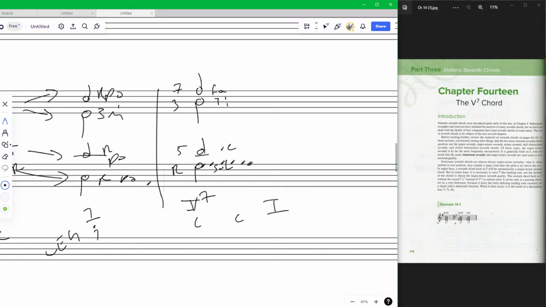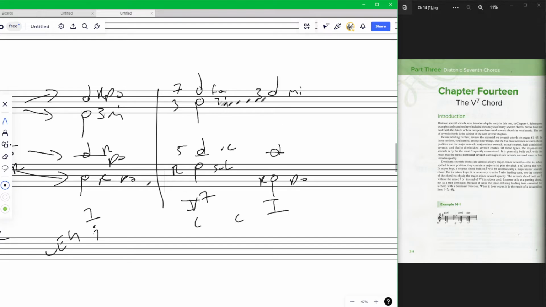So first things first, the bass. Sol goes to Do. The first thing, most important: what do 7ths do? They move down a step. This is going to go to E. So we have Do, we have Mi. This is the 3rd, this is the root. Okay. Ti goes to Do, Re goes to Do. We'll take Re to Do, but hold on, cowboy.